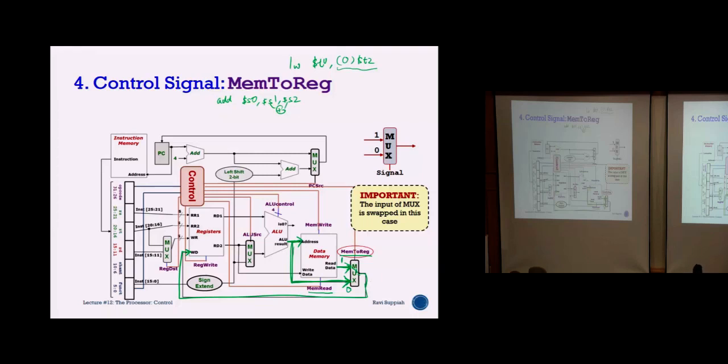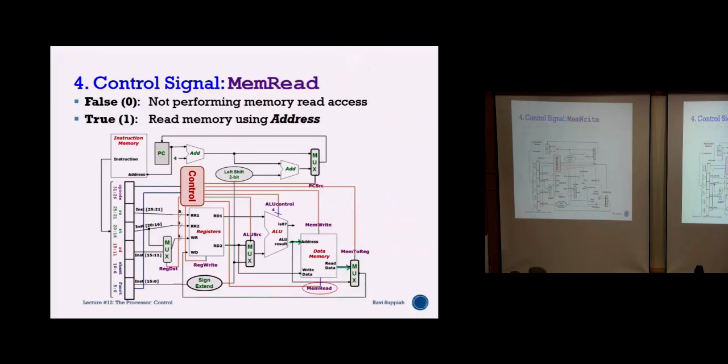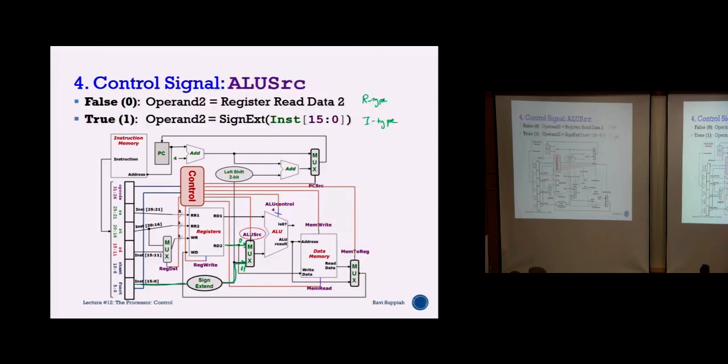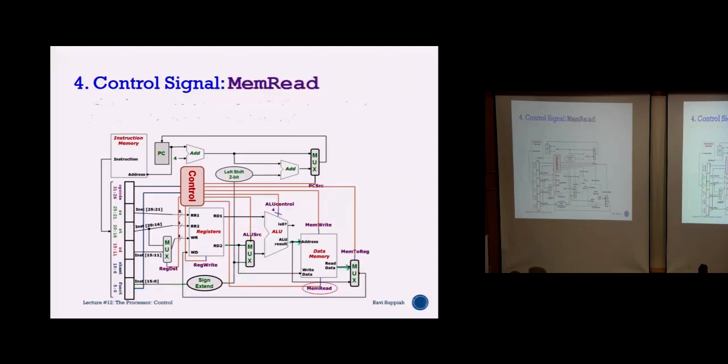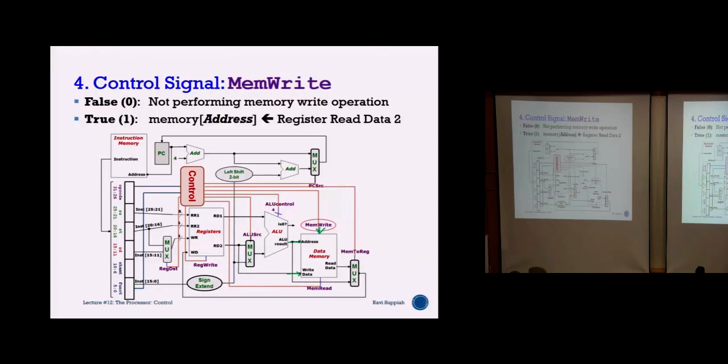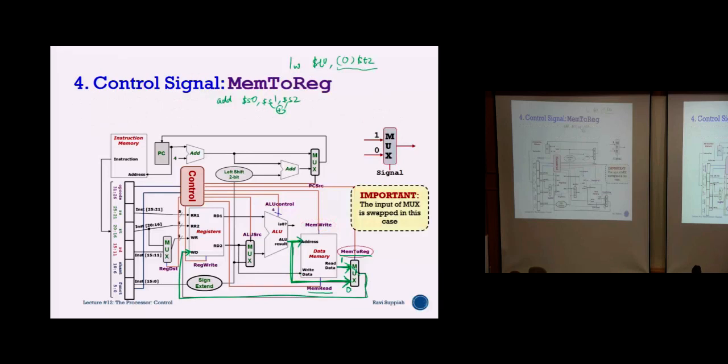Okay, so why do we say this is swap? Because if you look back at the previous ALU source and so on, the 0 is on top, 1 is below, correct? Whereas here, in this case, the 0 is below, 1 is on top. So of course, when you look at this, you think, why do they make your life so difficult?